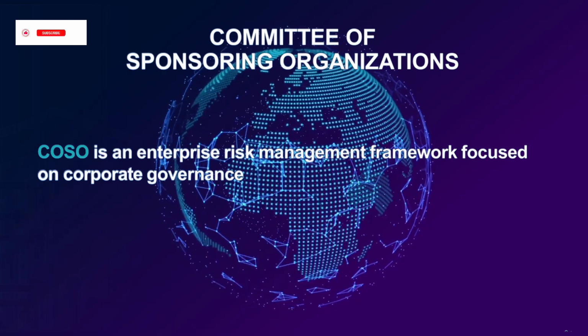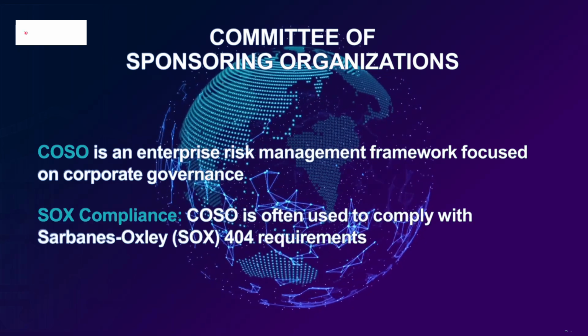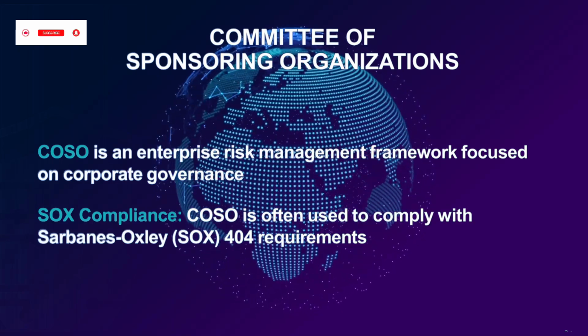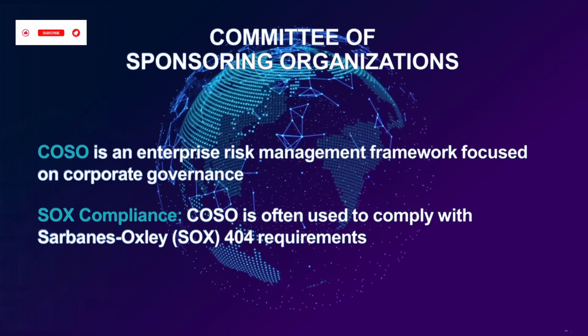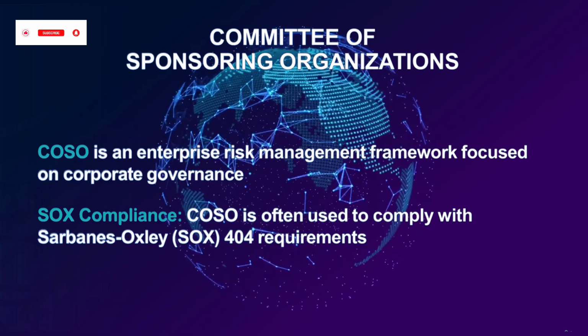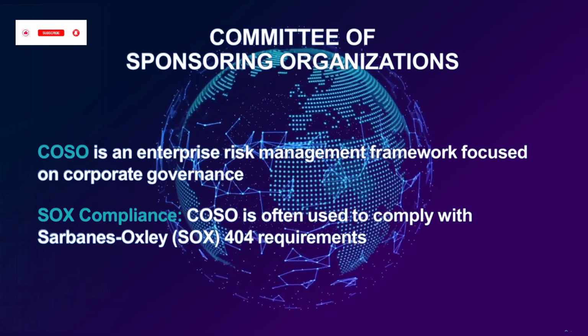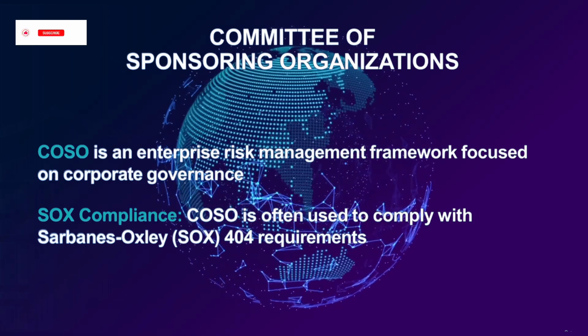Especially, COSO is used for Sarbanes-Oxley 404 compliance and for the requirements. This is important to know for the exam. This is also important to know in the real world if you are dealing with Sarbanes-Oxley. You need to be familiar with the term COSO and its driving factor behind the governance that helps demonstrate compliance with Sarbanes-Oxley.